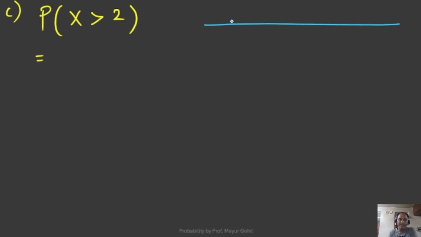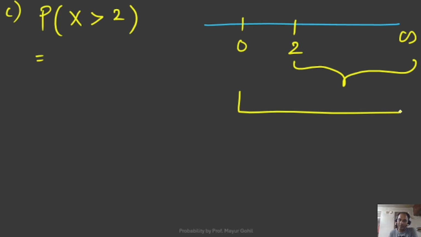As we see, the PDF is defined from 0 onwards, so 0 to infinity is the major interval we are considering, and somewhere here is 2. In order to find the probability on this interval, we know that the probability from 0 to infinity is 1. So it is as good as saying we take the full probability and subtract this portion of the probability, then we will be able to get the answer.